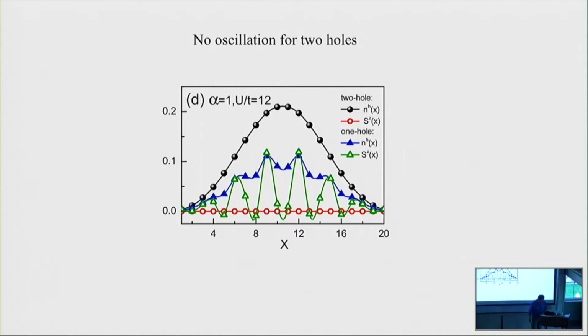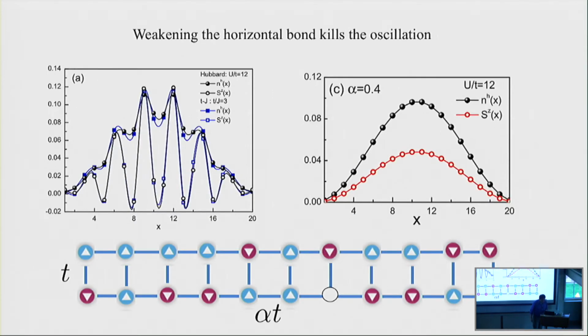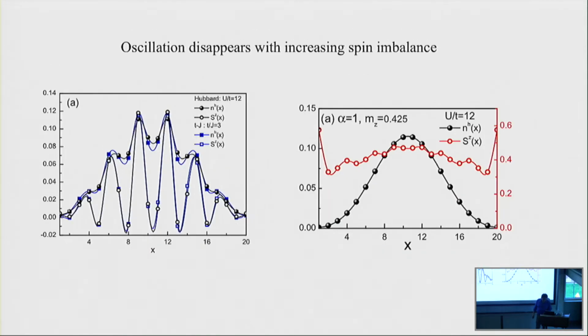Now if you weaken the bonds, suppose I change alpha to be very small, then of course when alpha is really small, this becomes individually separated. But when you turn it down from 1 to 0.4, all this oscillation disappears again. It just shows you the direction in which the oscillation disappears.